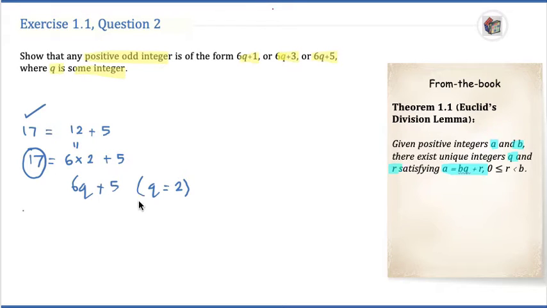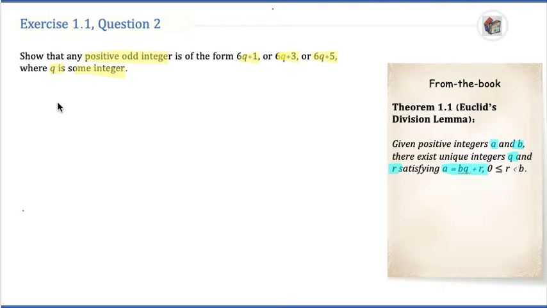So let me clear up this space and let's start with the proof. Okay, so what you have to do is start with any random odd positive integer, not by taking a number, but by giving it a name. So I will say let a be any positive odd integer.